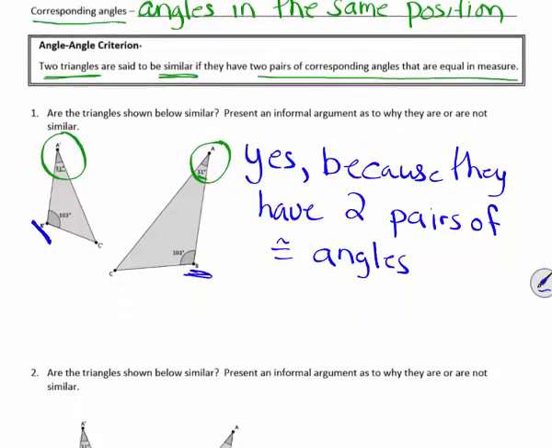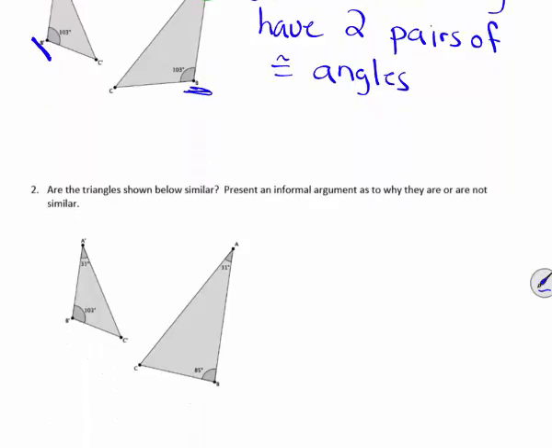All right, let's take a look at this next one. Are the triangles shown below similar? Here we have A and A prime. Those are both marked 31. But when I look at B prime and B, those are not equal to each other. So, are those similar?